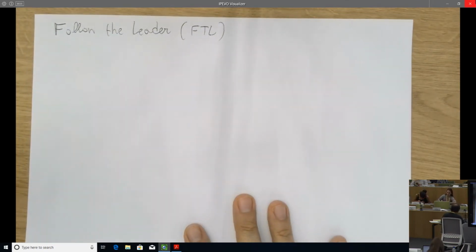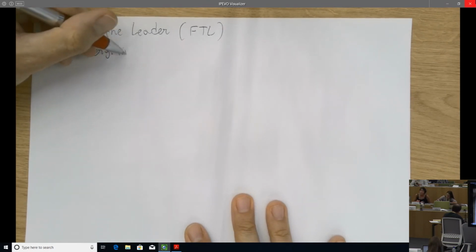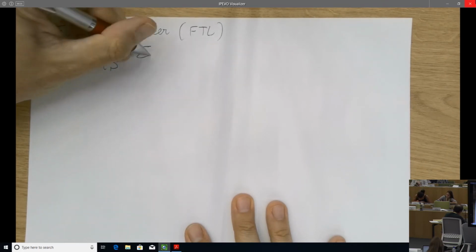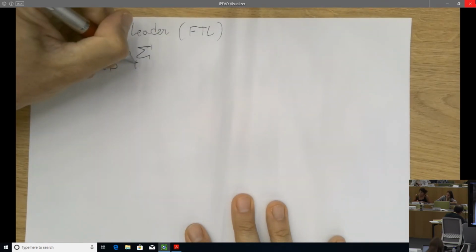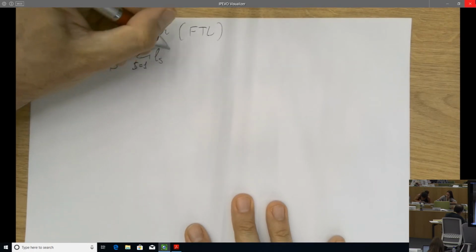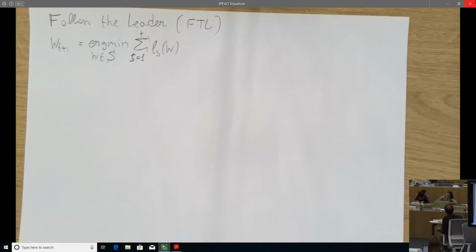It means that I always pick the one action in my space that looks best, given what I observed so far.